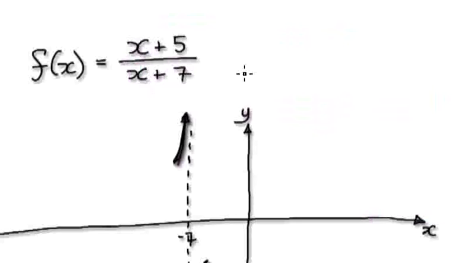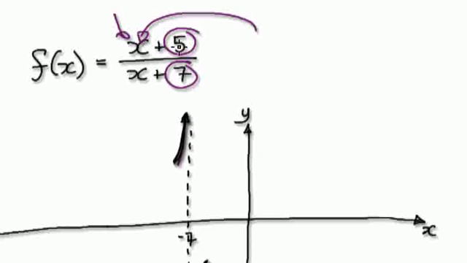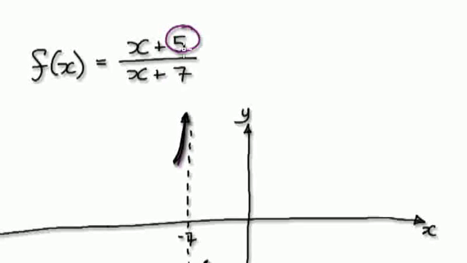The point I'm making here is that when you put a very very big number into here, even though you add 5, and then down here you add 7, well, because this number here is very very big, this 5 here is next to nothing. It's just irrelevant.